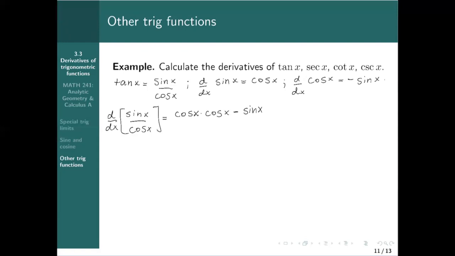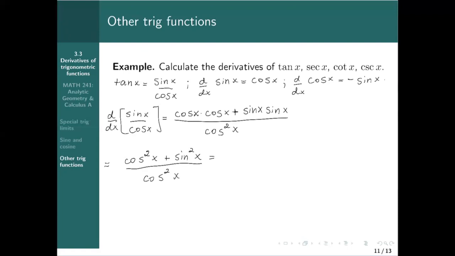So the minus is going to become positive with the minus sign that we already had in front. So sine of x over the square of the denominator, so cosine square of x. Well, this numerator is equal to cosine square of x plus sine square of x. So we are going to use a trigonometric identity here.